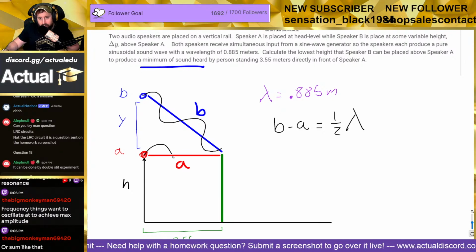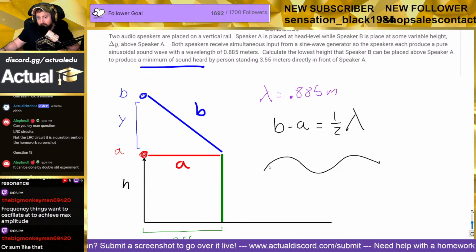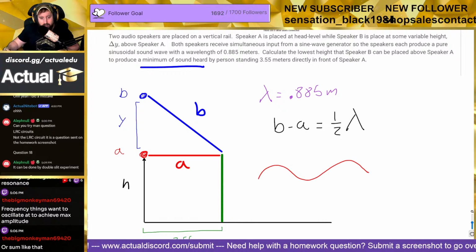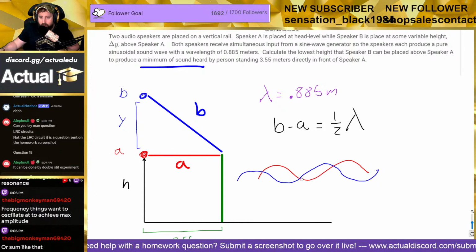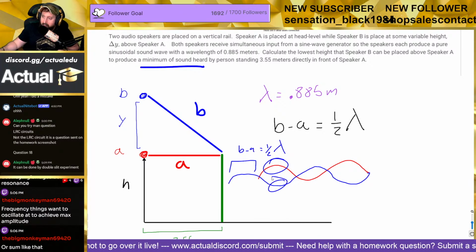Because if the path difference is off by a half, then, let me do two different colors, this as A, and this as B. If B minus A is equal to 1/2 of a wavelength, then the peak from A will match the trough of B, and these will cancel each other out.